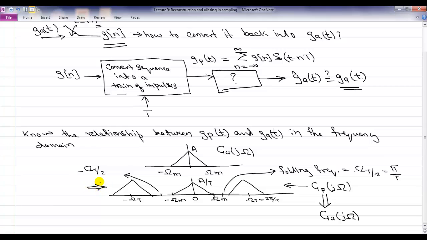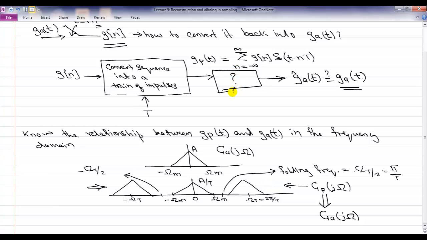Now, as DSP engineers, by now you should know how to extract things in the frequency domain. What kind of a black box do you need to extract things out of the frequency domain? An LTI system or a filter is what we want to use to extract Ga(j omega) from this Fourier transform.